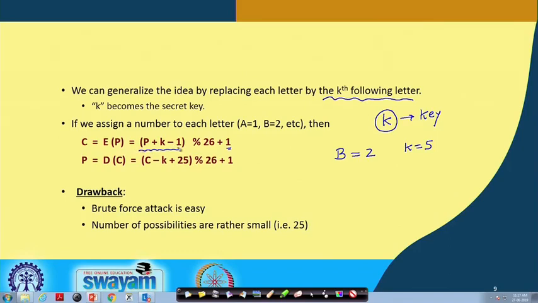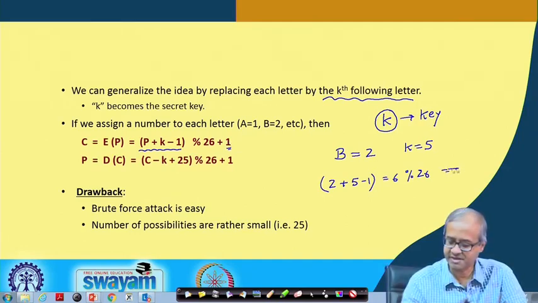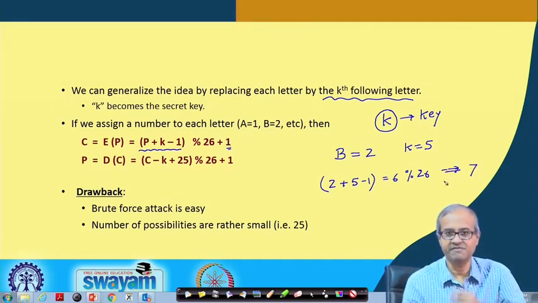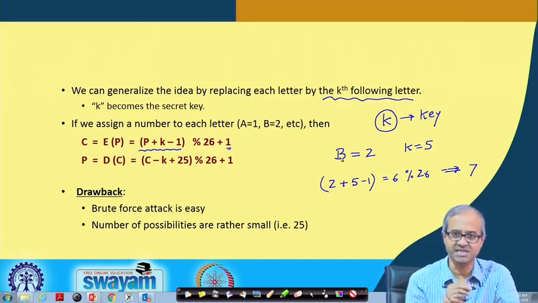So, P plus K minus 1, where P is this B, 2, plus 5 minus 1. So, this is 6. If you take modulo 26, divide by 26 and take the remainder, it remains 6. 6 plus 1 is 7. 7 is A, B, C, D, E, F, G. So, B will be replaced by G.